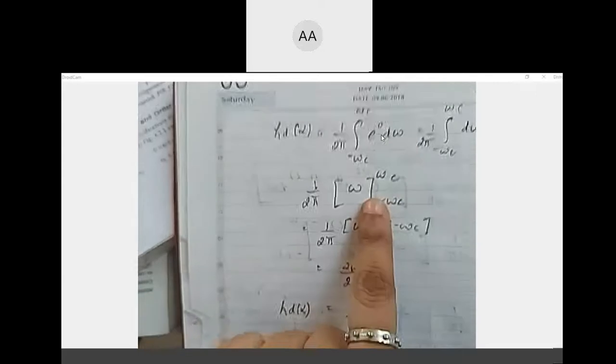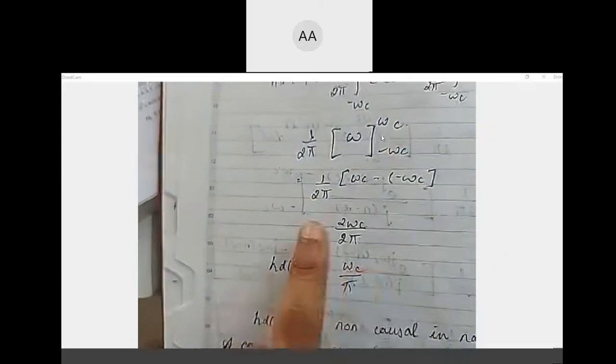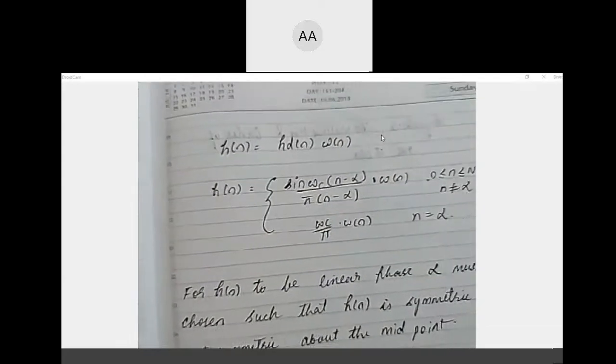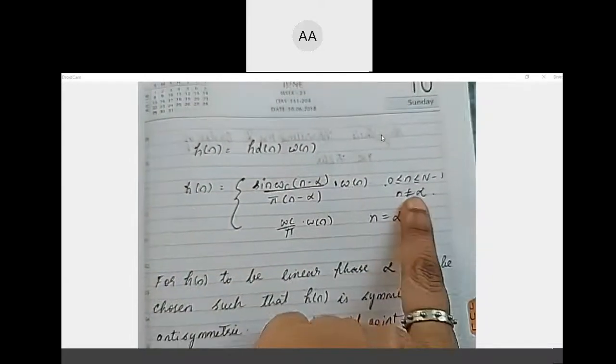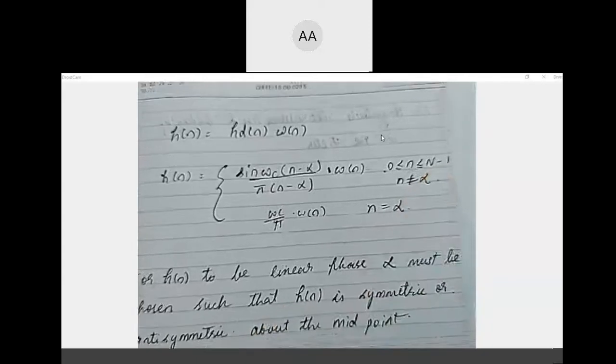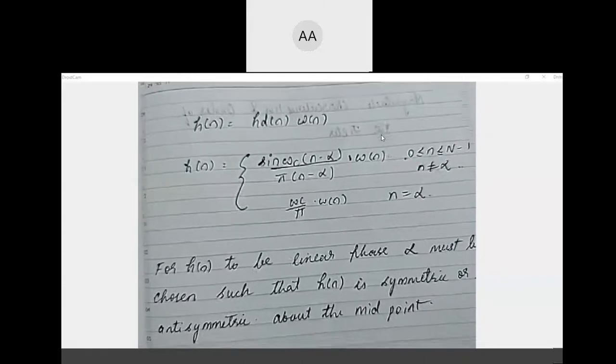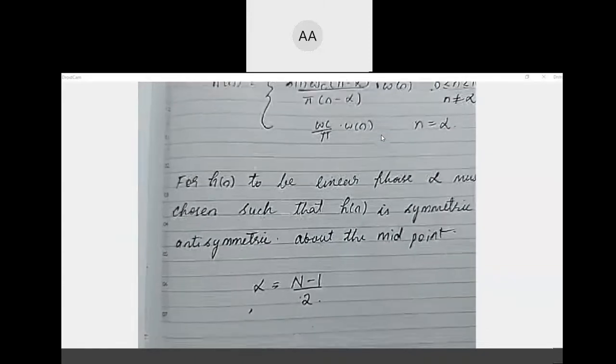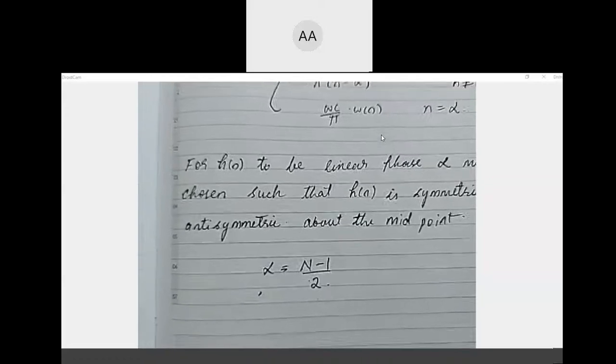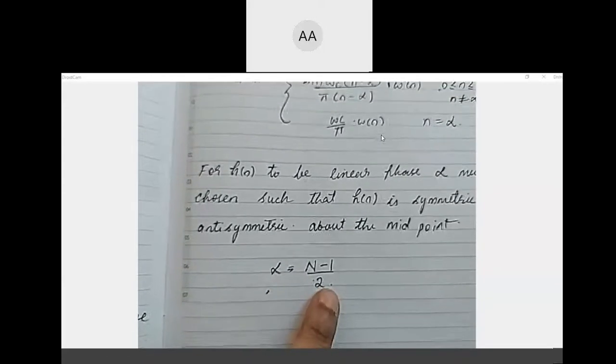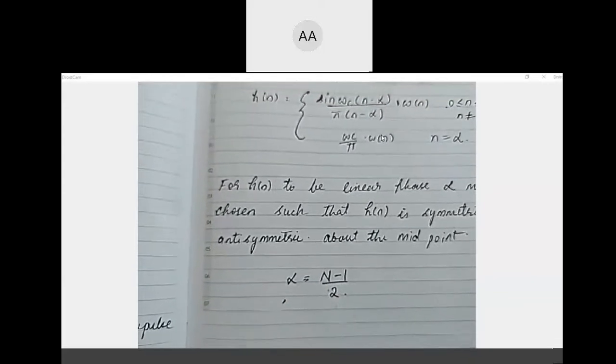Because it has to be of finite duration, you find out the value of hd of n both for n equal to alpha and n not equal to alpha. And then you include something called a window, which ranges from 0 to N minus 1. Here capital N is referred to as the order of the filter. Till this is what we saw. And the relation between alpha and N is this, alpha being the slope.